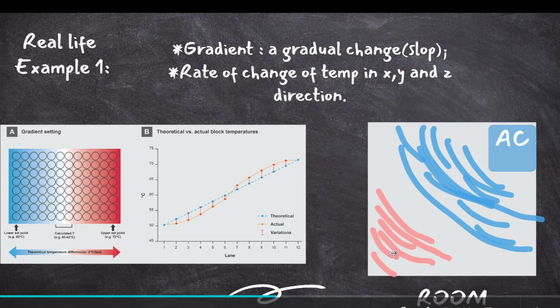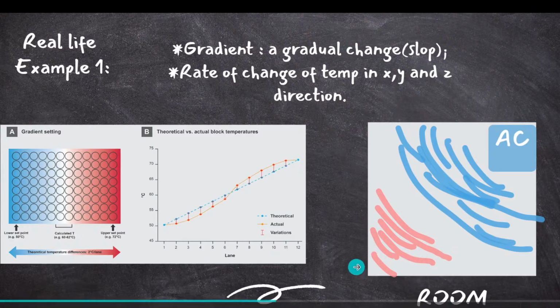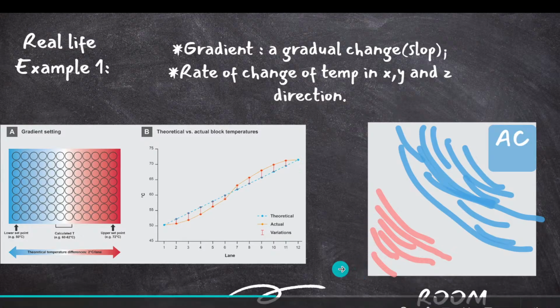So the change of temperature will be different at different positions of this house, and that can be easily seen, or we can calculate it by using the concept of gradient. So that's why the concept of gradient is also important in our real life.